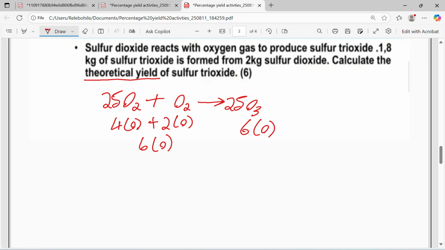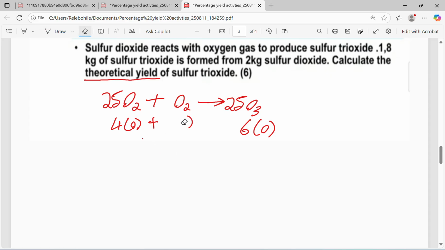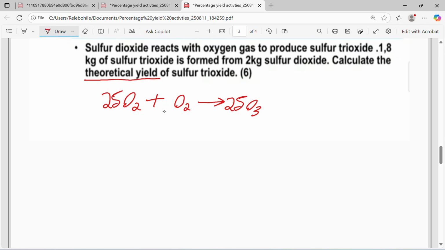I have 6 oxygens on the left, 6 oxygens on the right, 2 sulfurs on the left, 2 sulfurs on the right. After my equation has been balanced, I can finally proceed to getting my theoretical yield.